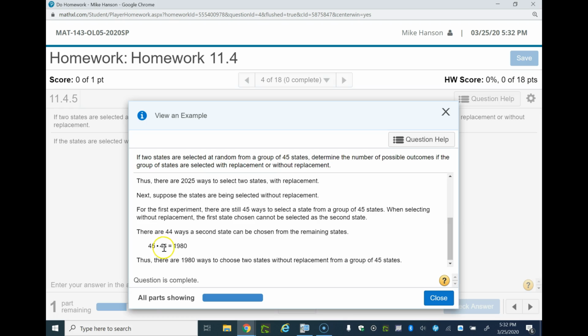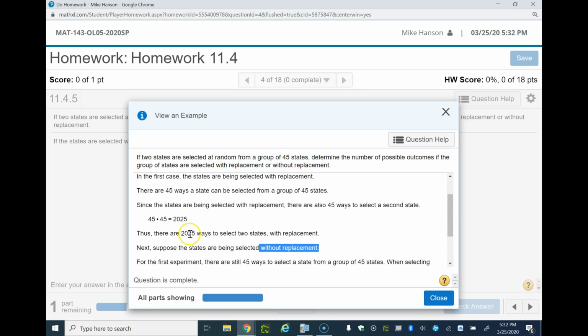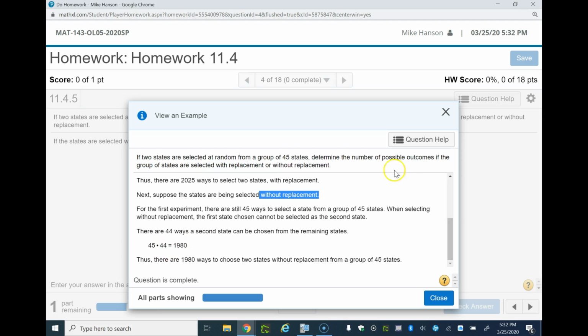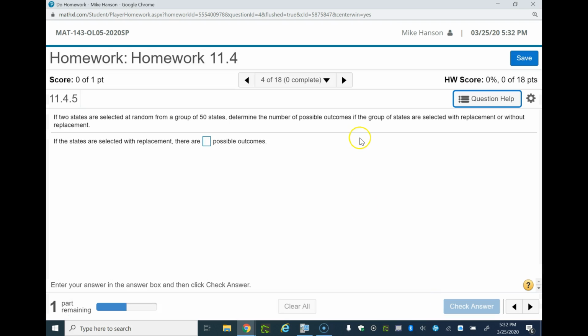Remember, it's going to be one less because I'm doing without replacement. That means I'm not putting it back into the pool. So 45 times 44 gives us 1,980. So this one is with replacement and this one without replacement. But again, the counting principle is when we multiply both of the outcomes together to get our answer.